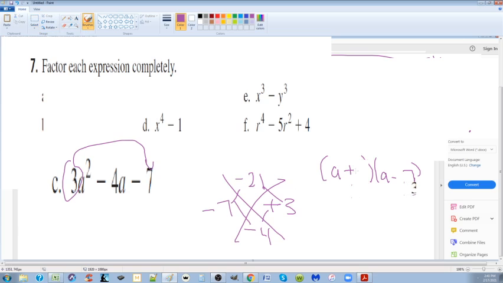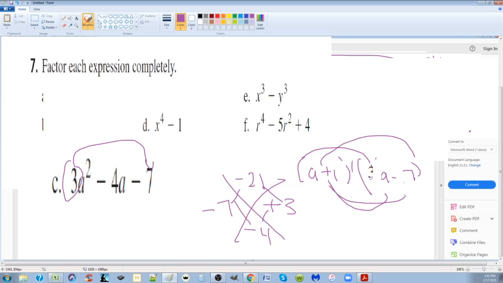And this other one becomes a 3 in front of it, because you can't divide it, slides up in front. Always make sure, though, that becomes 3a squared minus 7a plus 3a. Yep. And then finally minus 7. So that does indeed expand properly. So the factors of this are 3a minus 7 and a plus 1.